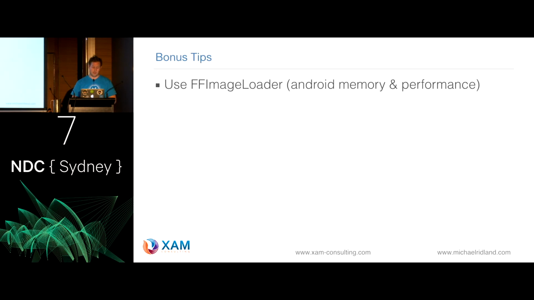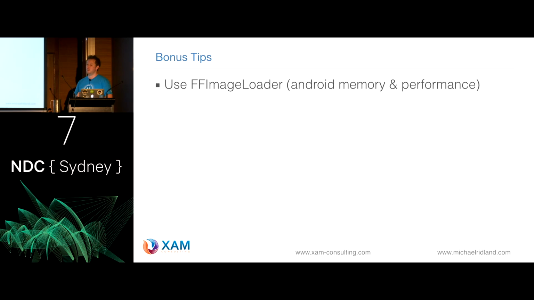So some bonus tips. Xamarin Android, well Android in general, has an issue with images because for some reason it wants to take any PNG image or any image you give it and it converts it to a bitmap, which really balloons out your memory usage in your application. And Xamarin.Forms makes it even worse because it's an abstraction on top of Xamarin Android.